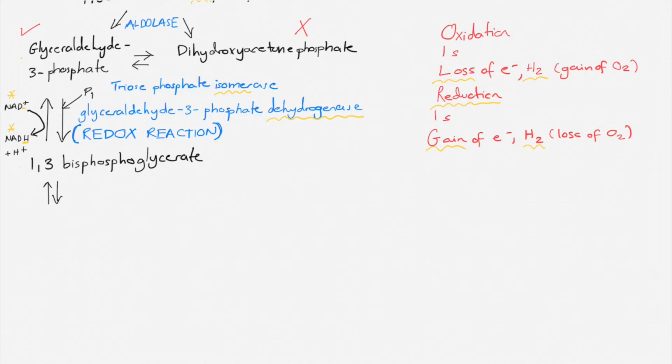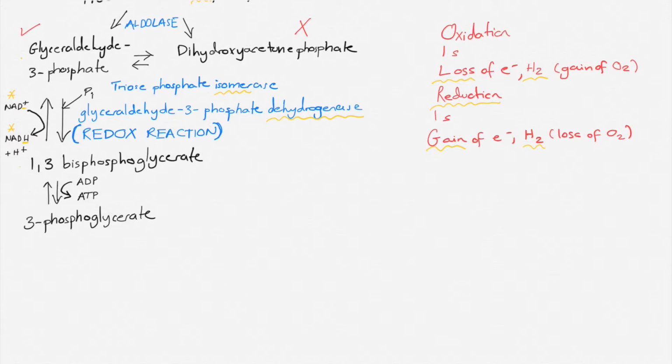Now what you want to do is form something called 3-phosphoglycerate. So 1,3-bisphosphoglycerate forms 3-phosphoglycerate. And when you're forming the 3-phosphoglycerate, this happens by a process known as substrate level phosphorylation. That means a phosphate group is directly transferred to ADP to form ATP. So this time we're not actually going to use ATP.